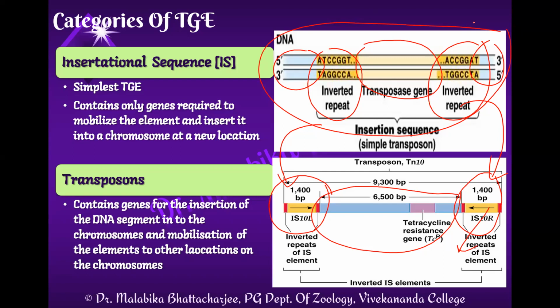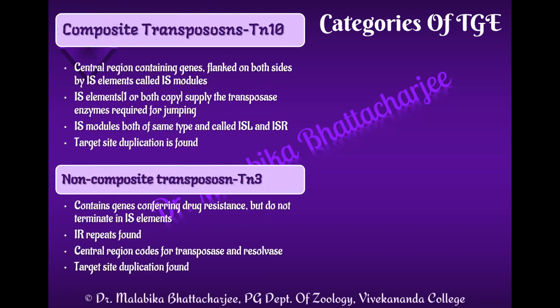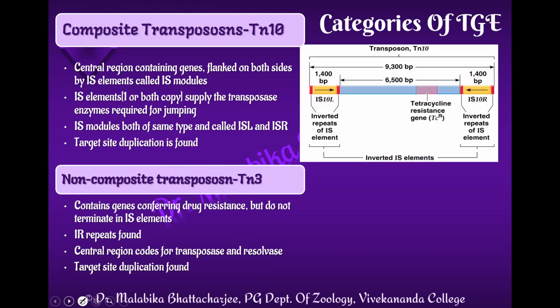Based on the presence or absence of insertional sequences at their boundaries, we can differentiate transposons into two basic categories. One is the composite transposon and the other is the non-composite transposon.